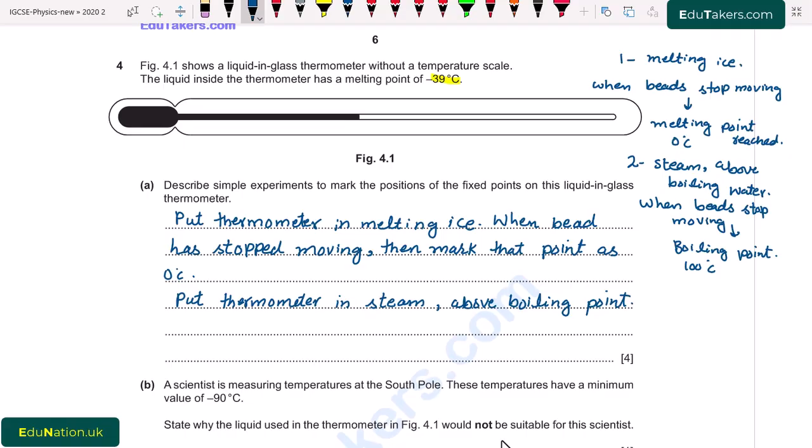Again, when the bead has stopped moving, mark that point as 100 degrees C.